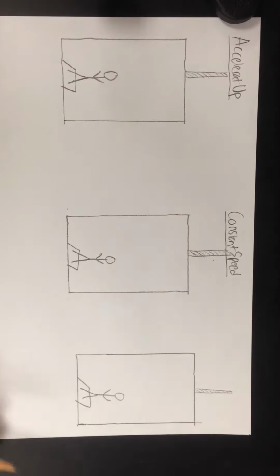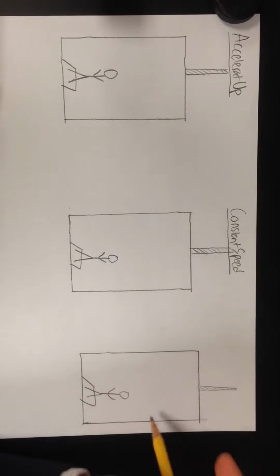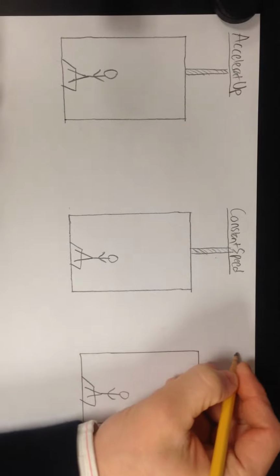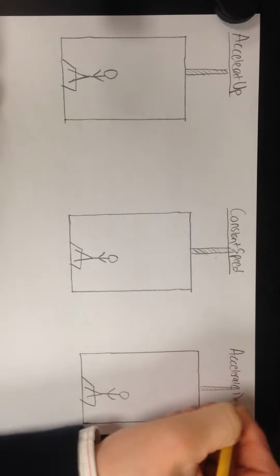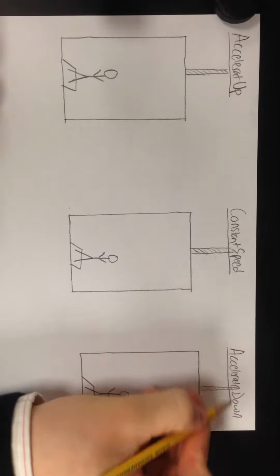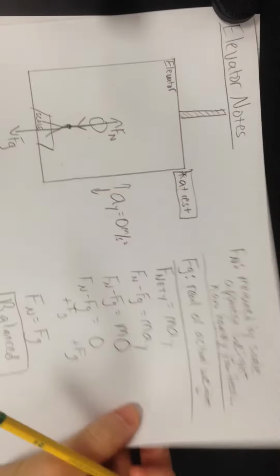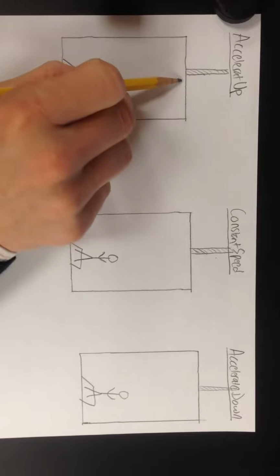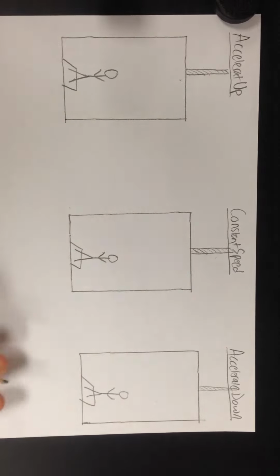We bumped up, accelerated up, and we continue to move at a constant speed. And our last situation will be when we arrive at that top floor and you slow down, or in that case you will accelerate down. So we went through all the parts of an elevator ride in this video: at rest, speed up, move at a steady speed, and then slow down.